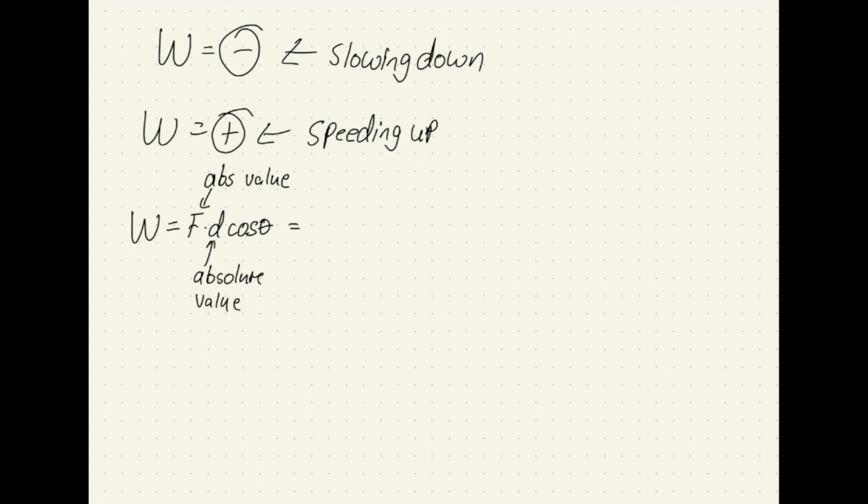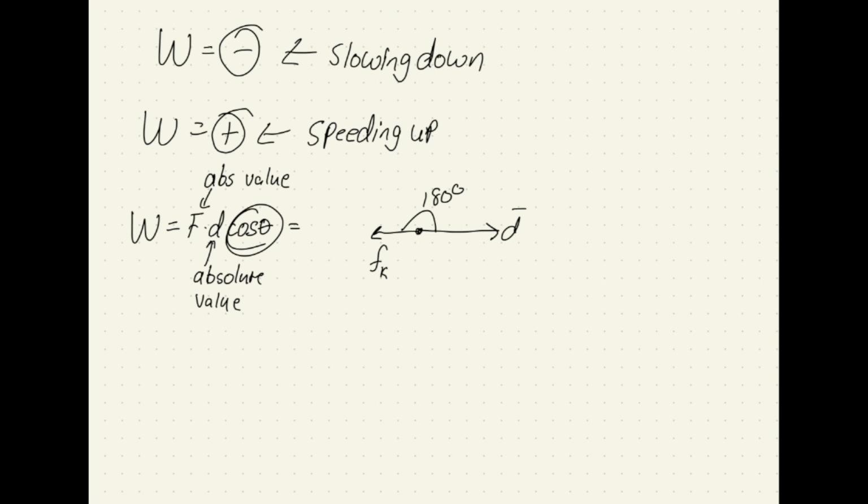So when I use this equation, make sure that you plug in a positive force and a positive displacement, and you will get a positive number out. But like I said, work can sometimes be negative, like we can slow down a car. If my car was slowing down due to friction, that's because my friction points to the left in the negative direction, and my velocity or displacement will point to the right. And so the angle between them is 180 degrees, and this cosine is what gives us a negative.